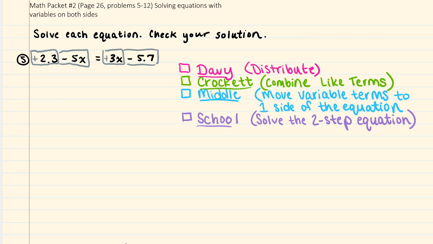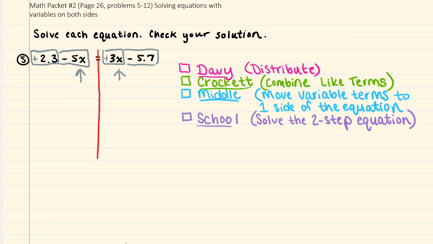The reason it's called solving equations with variables on both sides is because there's an x on the left side and an x on the right side, and we're gonna have to keep this balanced as we solve it.